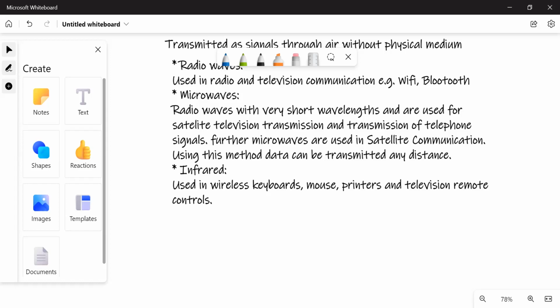Security is different. Radio waves have poor security, microwave has medium security, and infrared has high security, and so on. So these are some of the properties of these three. But I think we are not really interested at this level. We are not going to talk about all these details.